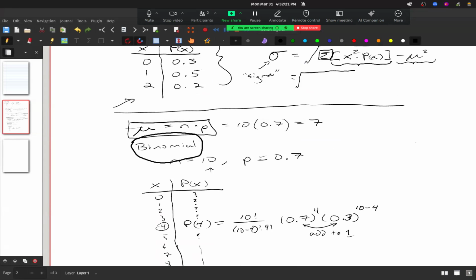All you have to do to calculate standard deviation is take the square root of n, which will be 10 in this case, times p, which is given as 0.7 in my example, and then times q, which is just 1 minus p. So q in this case will be 0.3.